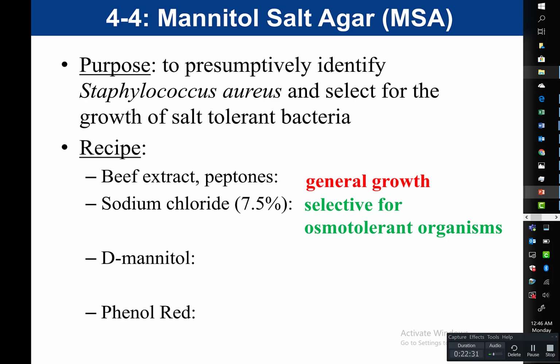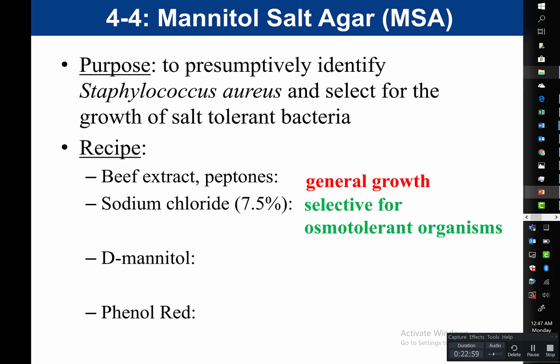But if we think back to comparing Staphylococcus species, we would expect that Staph epidermidis and Staph aureus would both grow on the plate. But we might want to know if it's Staph aureus or is it Staph epidermidis, because Staph epidermidis is not pathogenic and Staph aureus is. So in addition to having a selective ingredient, we also need a differential ingredient.